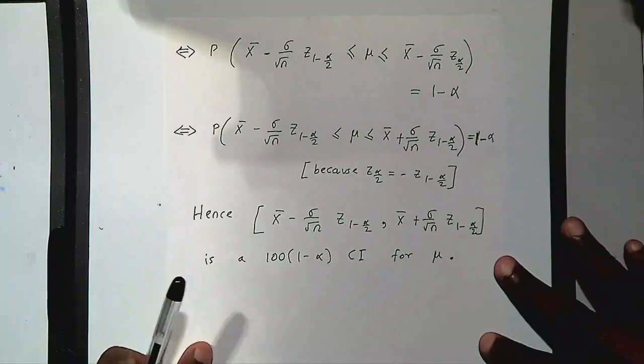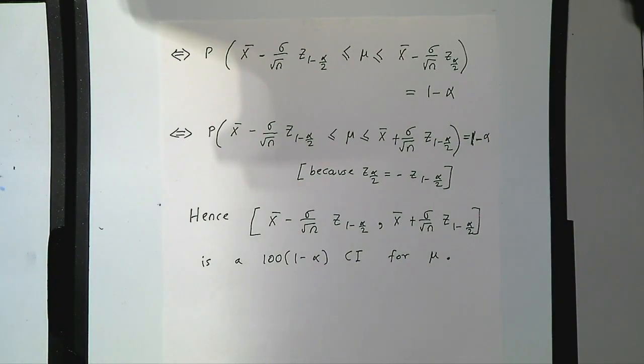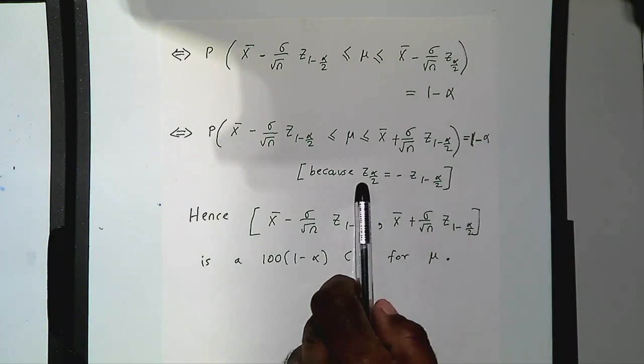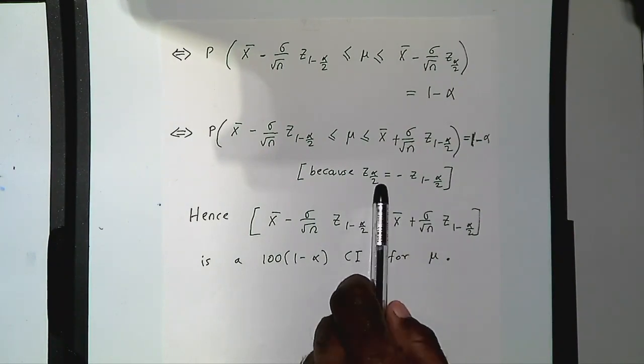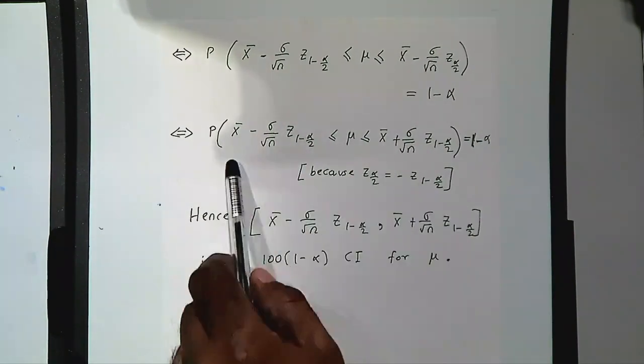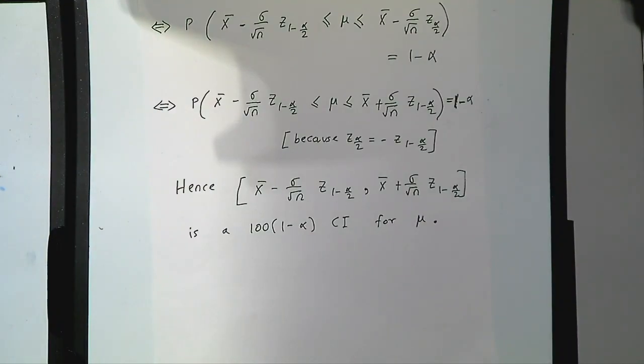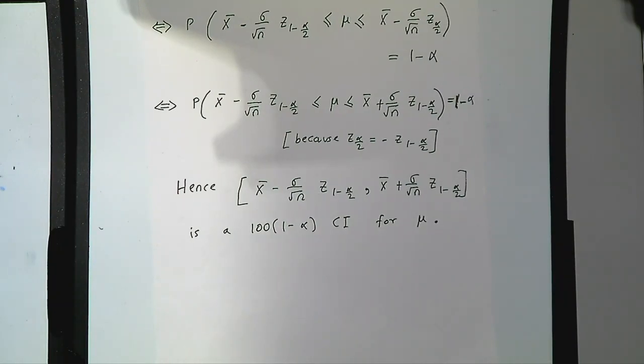And then you can rewrite this statement here in this form, and using the fact that these two are equal except for the minus sign, you can rewrite this in this form, and hence the 100 times 1 minus alpha confidence interval for mu is given by this, right? This is the confidence interval for mu when the population variance is known.